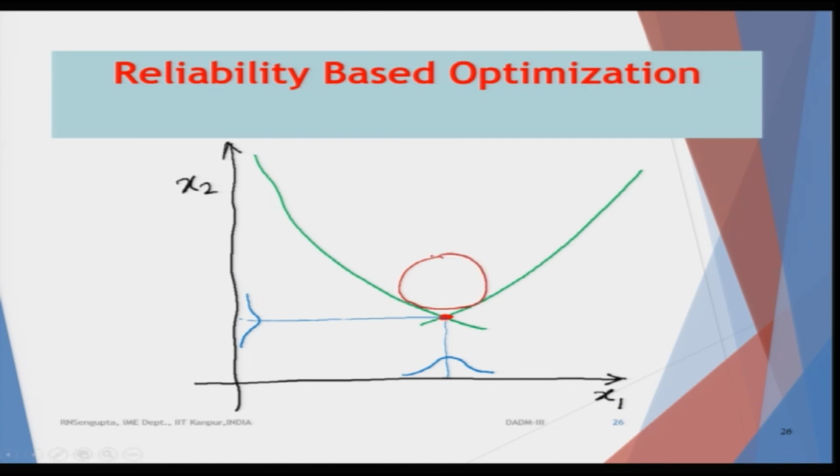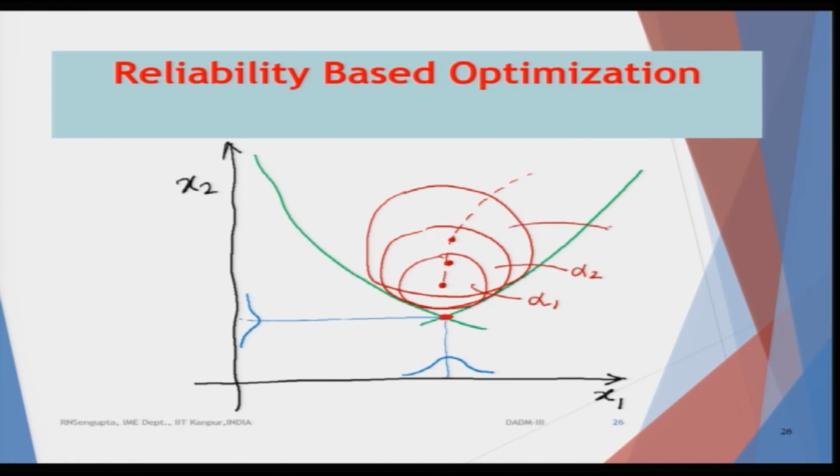I am trying my level best, please bear with me. So, this is the loci. The levels of reliability are given as alpha 1, alpha 2, alpha 3. So, what is alpha 1, alpha 2, alpha 3? I will mark it accordingly.